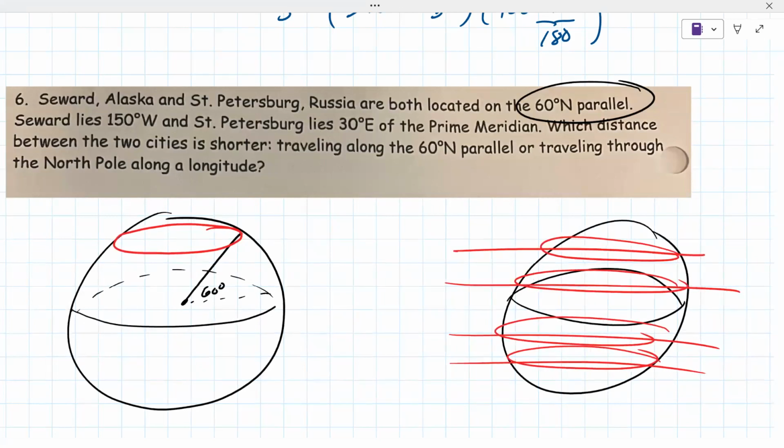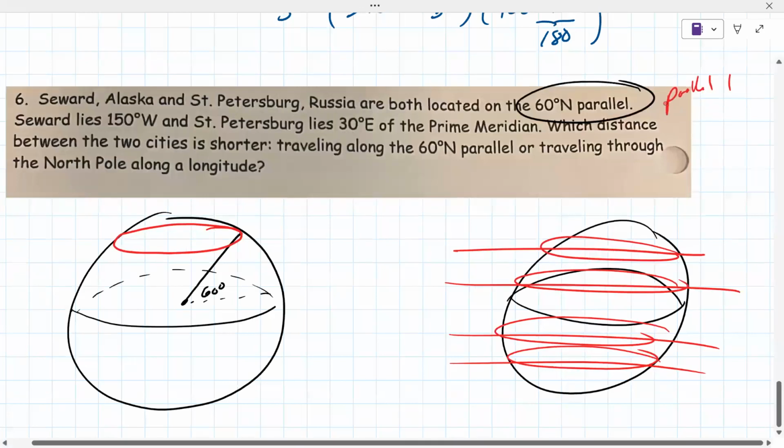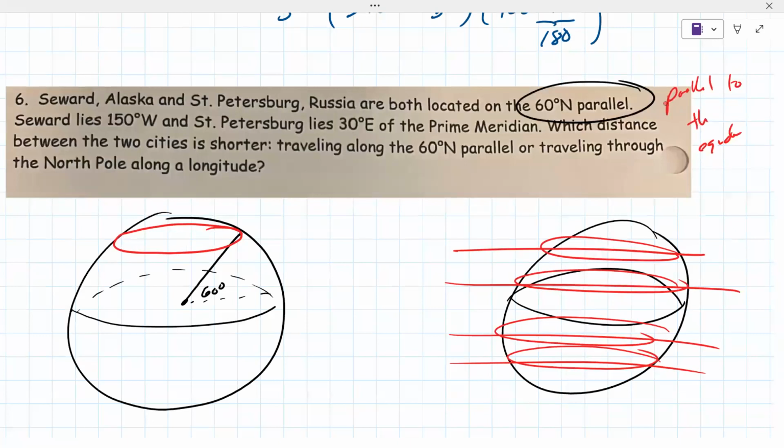Again, I'm just confirming that. I think, yes, those are the parallels. In the English language, we just shorten things, but it really means parallel to the equator. That's what it really is.